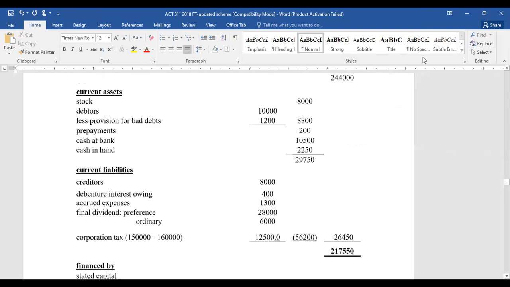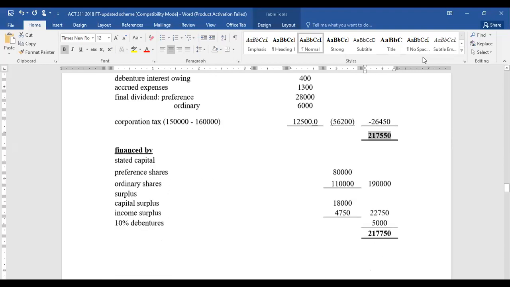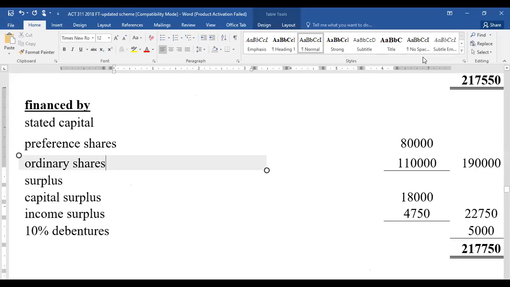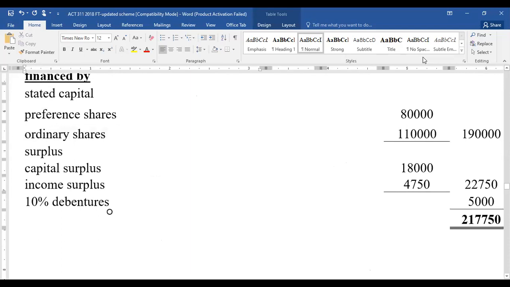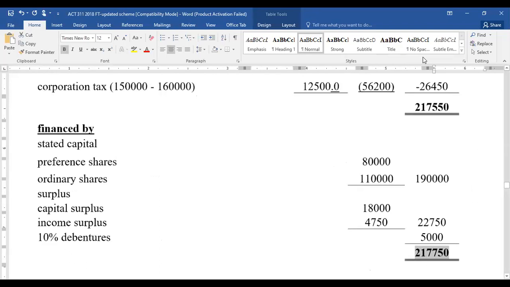And I take off this from this, then I get that. Then you go to your finance by section and do the presentation like this. So if you do the right thing, you should have the two sides balancing just like this. 217,550.